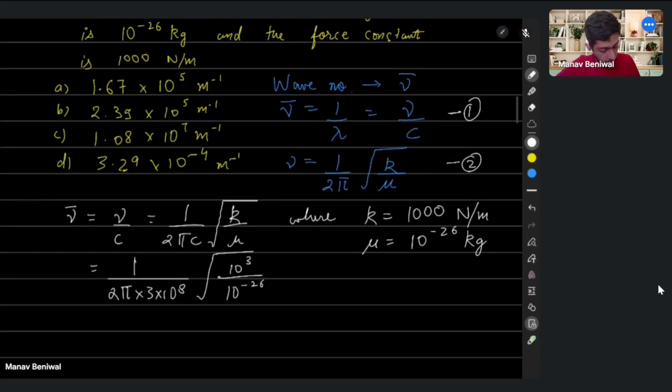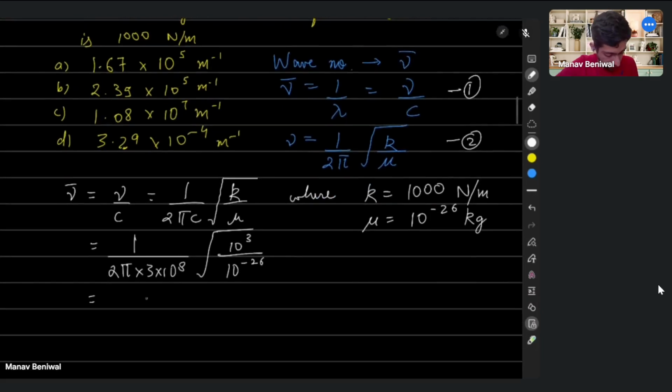Okay, so this we can write 10 to the minus 8 over 6 pi, and then this becomes 10 to the 29, so we can write as 10 to the 28 times 10, so this will become 10 to the 14 into under root 10.